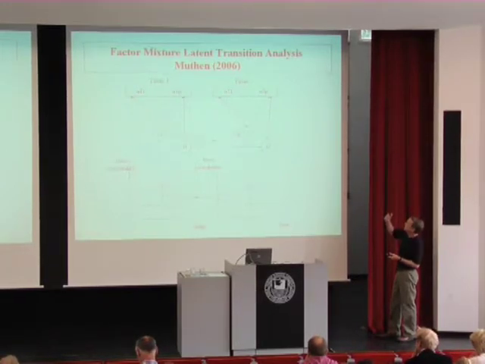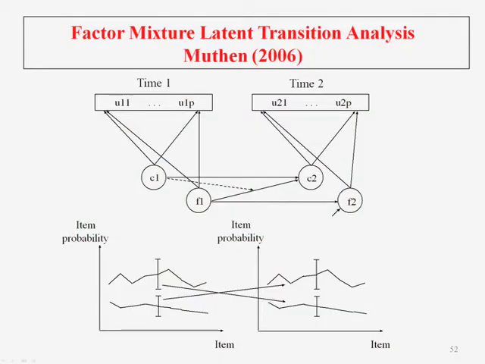So you can have a factor mixture measurement model instead of an LCA measurement model at each of the 2 time points, and look at the transition from C1 to C2 while allowing for these continuous latent variables. That's possible to do in Mplus if you would like to do that.